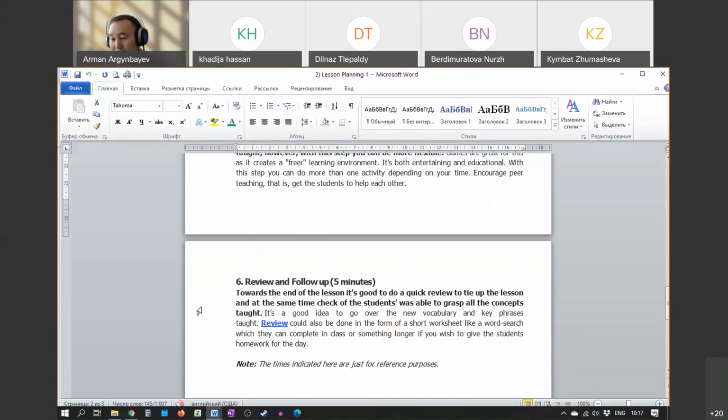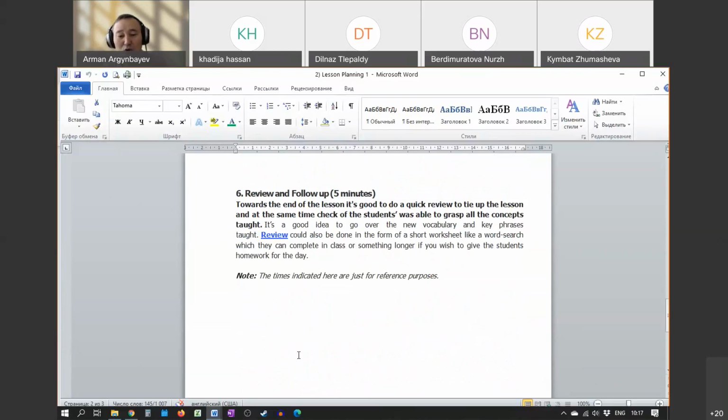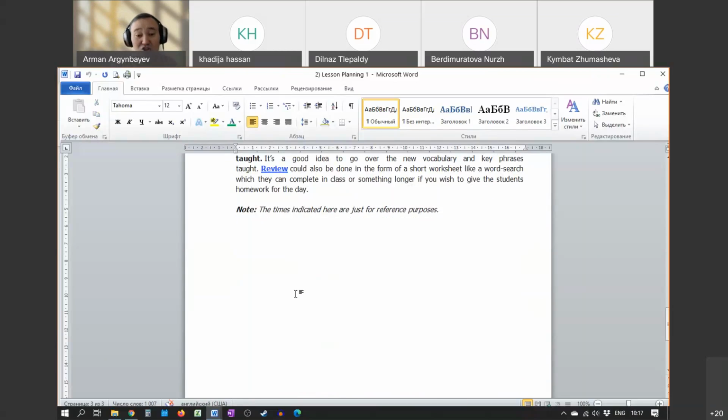Again, it's similar. We also have a system which is called PPP, guys. Presentation, practice, and production. This is a very popular technique.